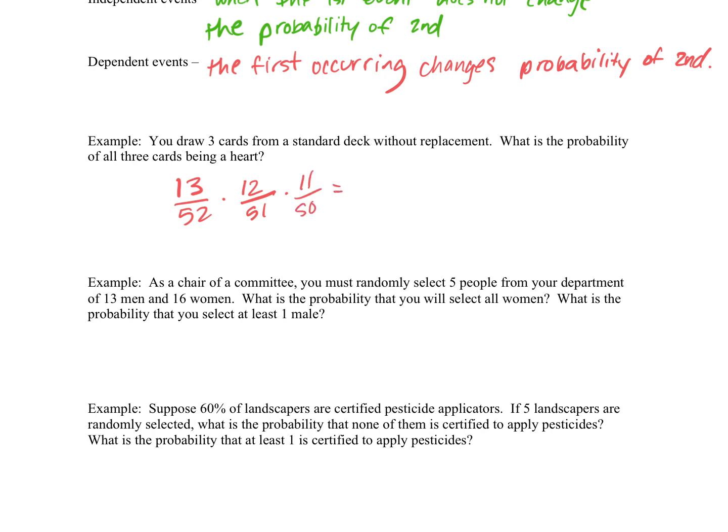And then you smart people can figure this out. I'm not very good with numbers. What are we getting? 13, 52, 52. 1,716 over 132,600. 0.0126.